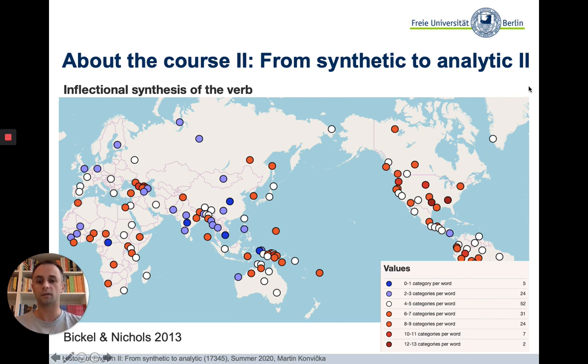And in the course of the history of English, we will actually see that Old English, for example, was more synthetic than present-day English is. Old English had more morphology, more synthetically expressed categories, and present-day English relies more on auxiliaries, fixed word order, and other strategies.